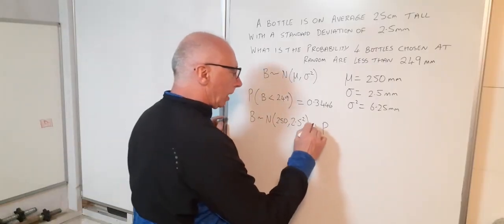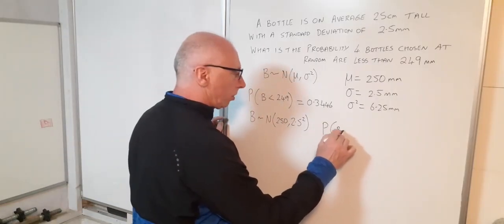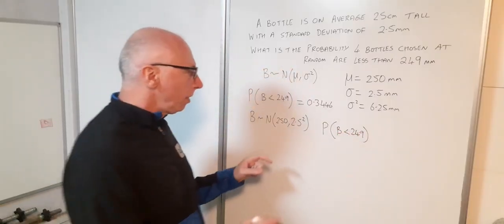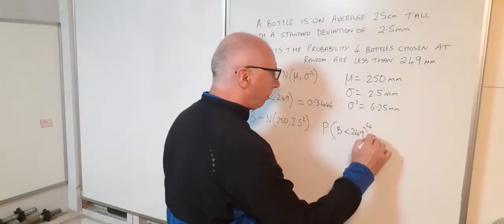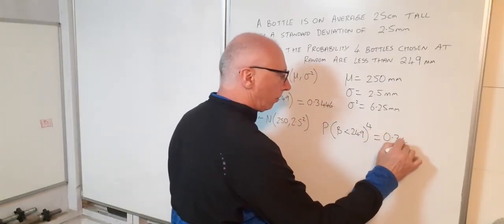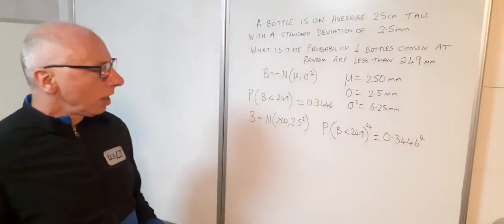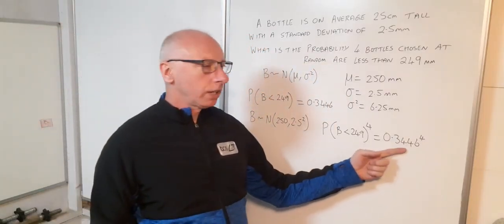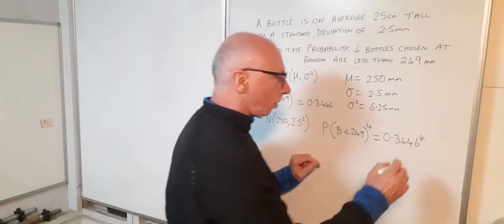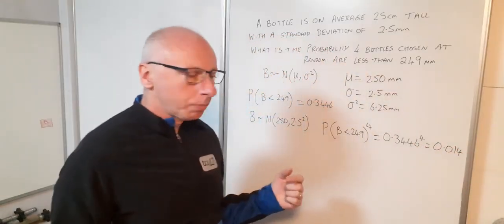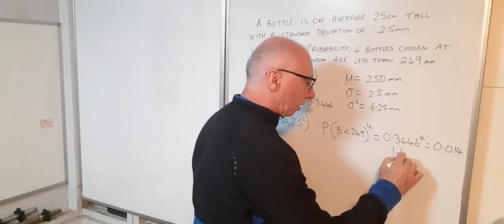So the probability our bottles are less than 249 for 4 of them, so to the power of 4 equals 0.3446 to the power of 4. And if you do that in your calculator, you get approximately 0.014, which comes out at approximately 1.4%.